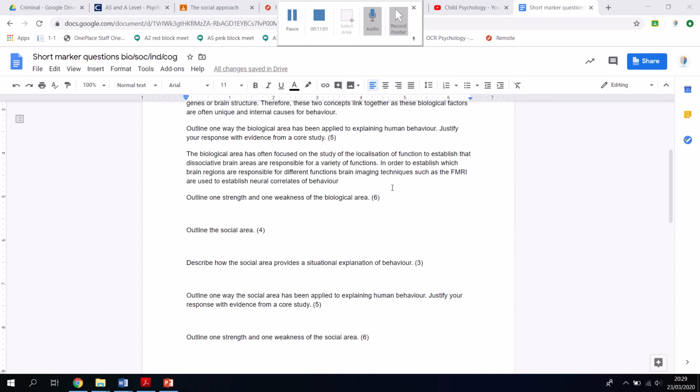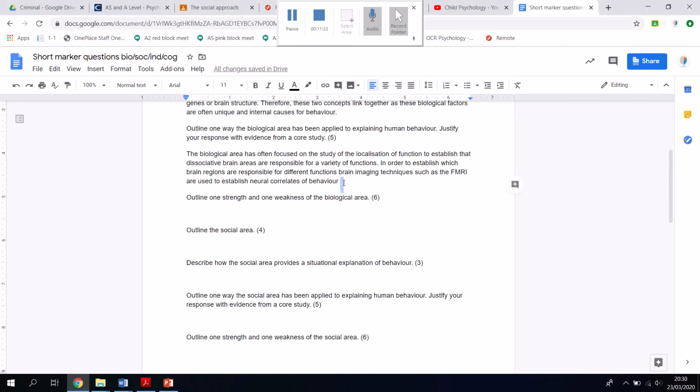So I've already said that we generally look at localization of functioning. Then I've taken that a bit further by saying that in order to establish which brain regions are responsible for these different functions, we will use, in biological psychology, brain imaging techniques such as the fMRI, which are used to establish neural correlates of behaviour. And remember, by neural correlates of behaviour, I essentially mean what parts of the brain demonstrate activity during the performance of a particular behaviour.